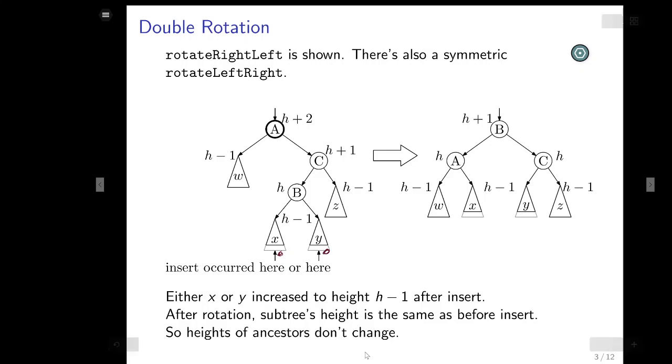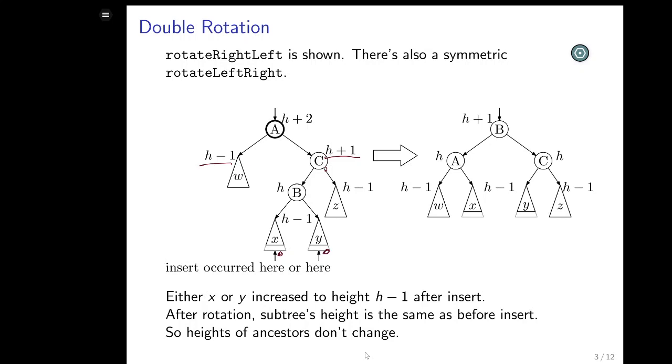Doesn't matter. What happens is that the insertion causes the height of B to increase, which causes the height of C to increase, which causes C to become out of balance with its sibling. So it has height h plus 1 versus height h minus 1. And now we have to fix that.